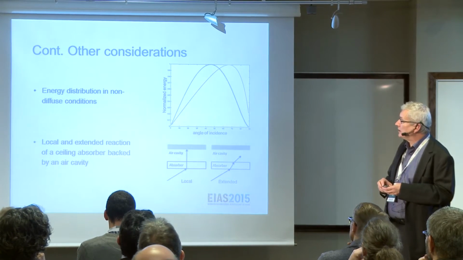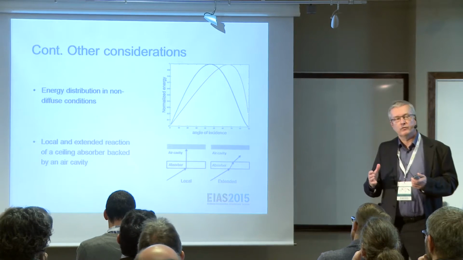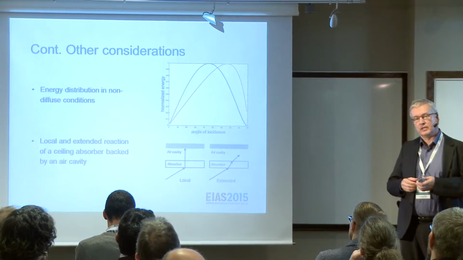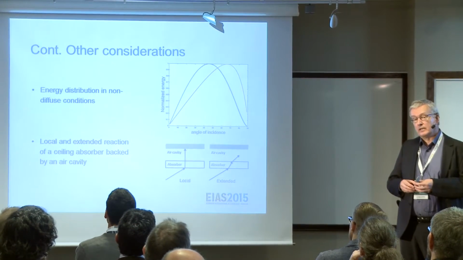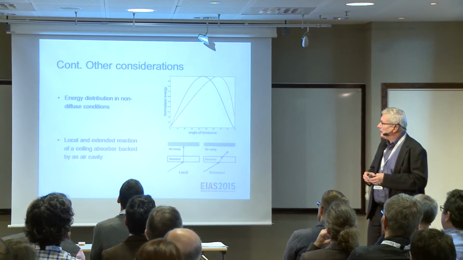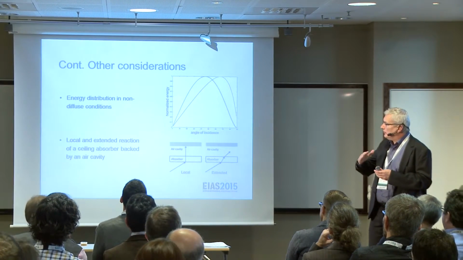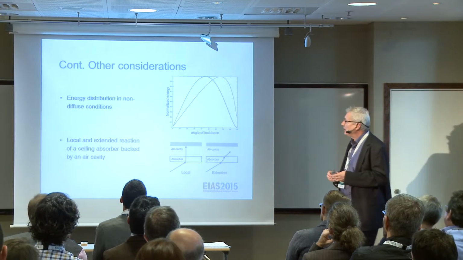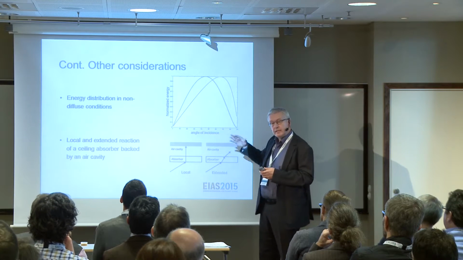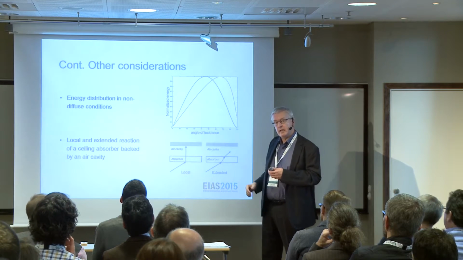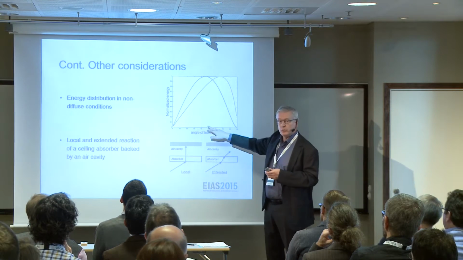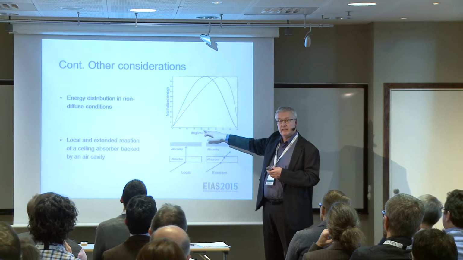And some other consideration is that, of course, it could be tempting now, for the non-grazing group, that is quite similar to the Sabine assumption, that we could use the statistical absorption coefficient. But assuming diffuse conditions means that if we look at the energy as a function of angle of incidence towards the ceiling absorber, in a diffuse field we have a distribution that is more or less focused on 45 degrees.